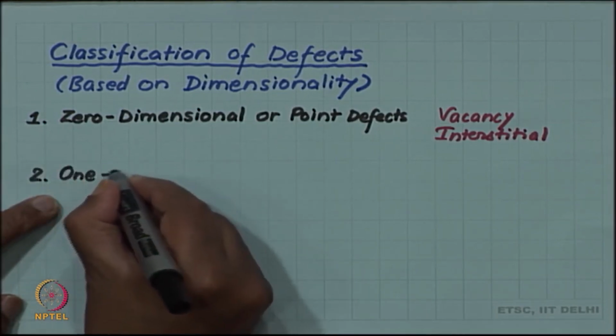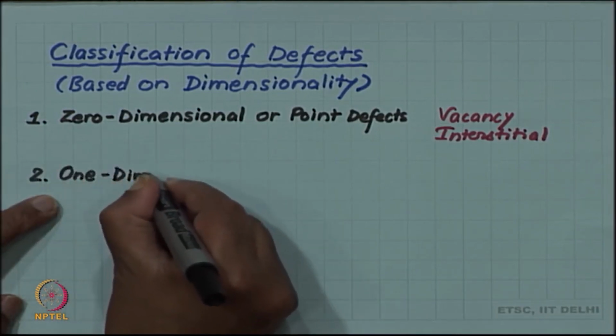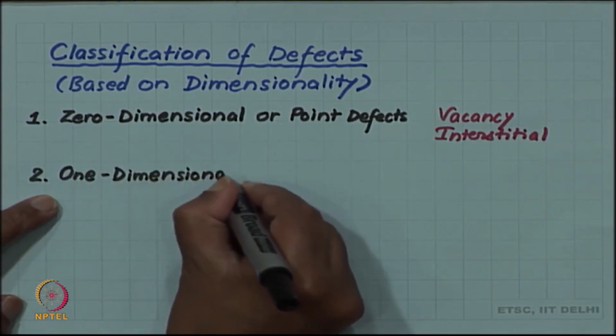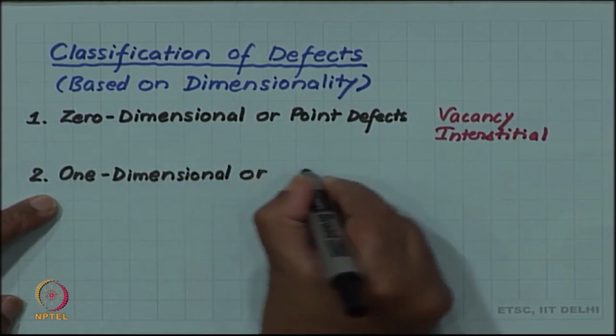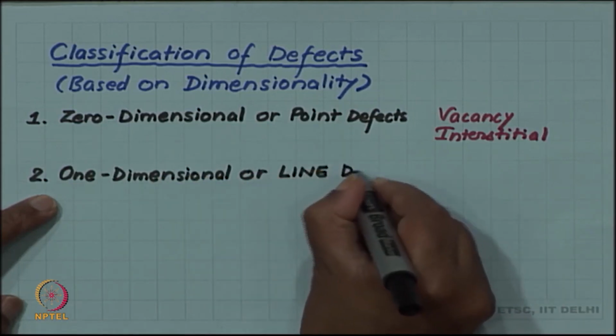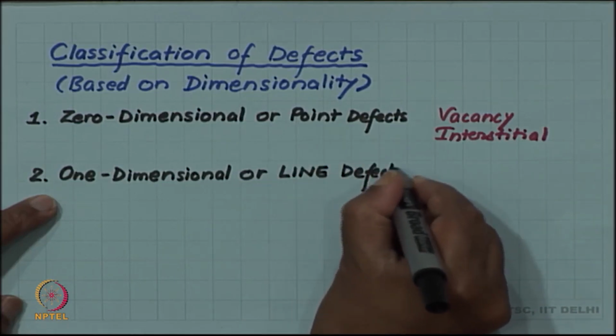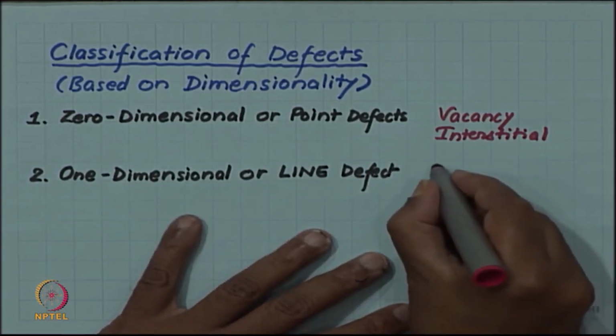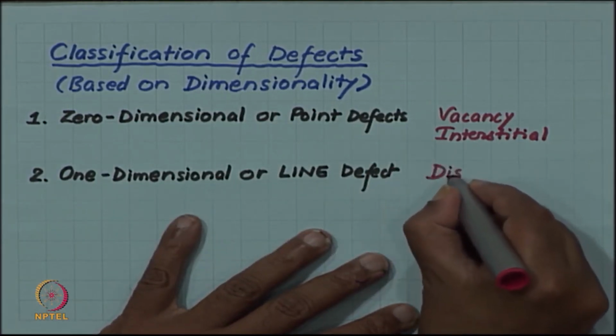We can have one dimensional, or line defect, and the example will be dislocation.